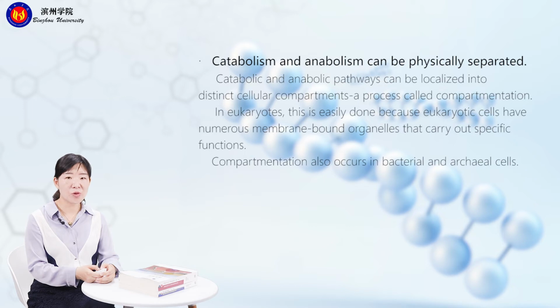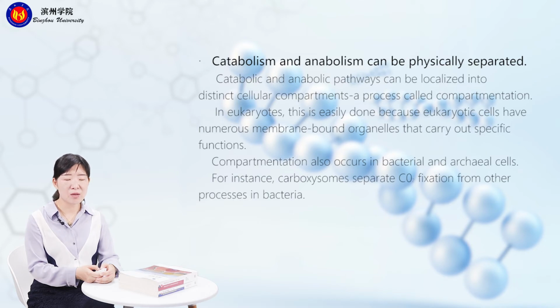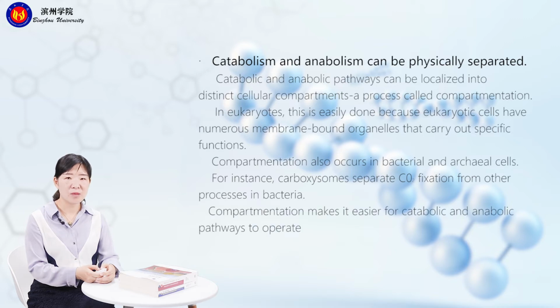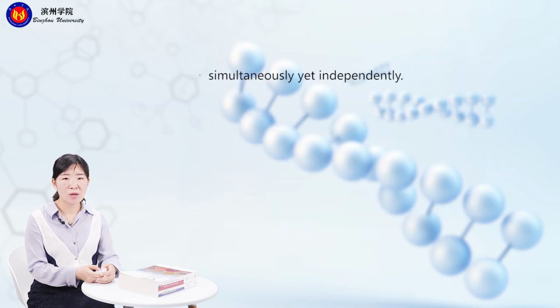Compartmentation also occurs in bacterial cells. For instance, carboxysomes separate carbon dioxide fixation from other processes in bacteria. Compartmentation makes it easier for catabolic and anabolic pathways to operate simultaneously yet independently.